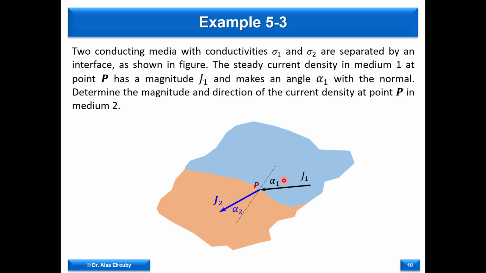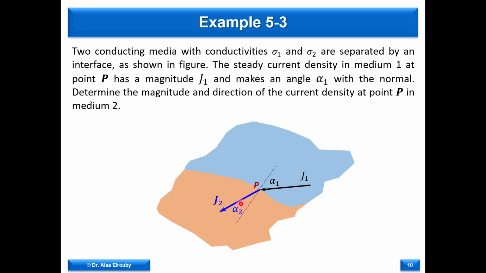It makes an angle alpha 1 with the normal. Determine the magnitude of the current density at point B in medium 2 and its direction. So J1 is given, alpha 1 is given, sigma 1 is given, sigma 2 is given. We want the value for J2 and the value for alpha 2.